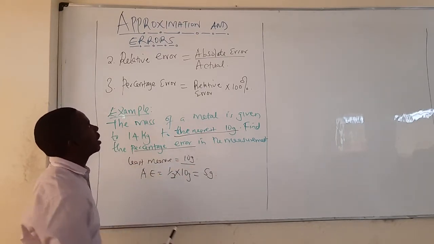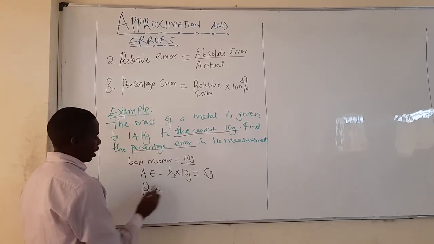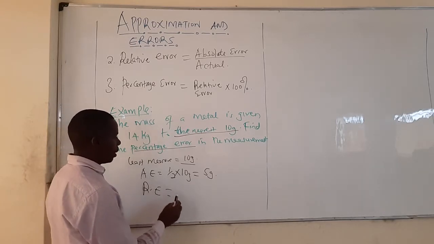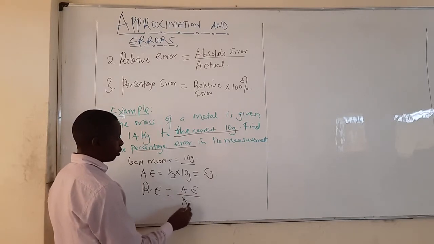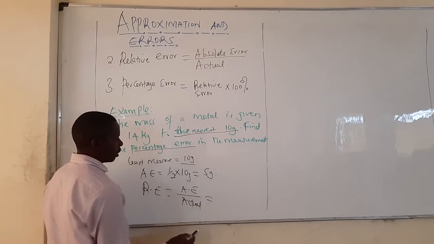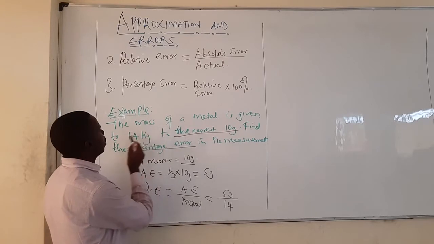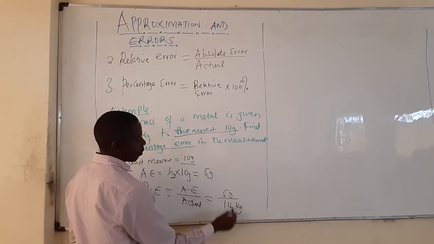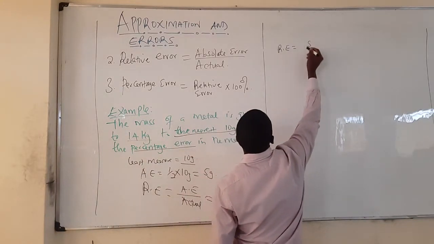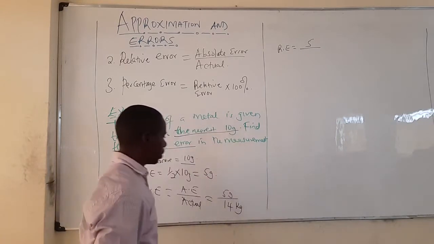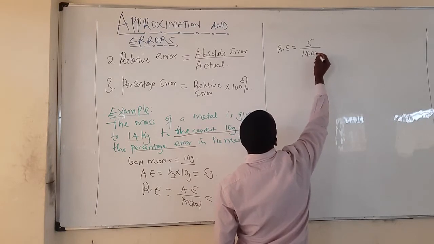Then you want to get the percentage error. For percentage error, we need to get the relative error, and relative error, of course, is given by the absolute error divided by the actual measure. So this is going to be 5 grams divided by 14 kg, which is 5 over 14,000.